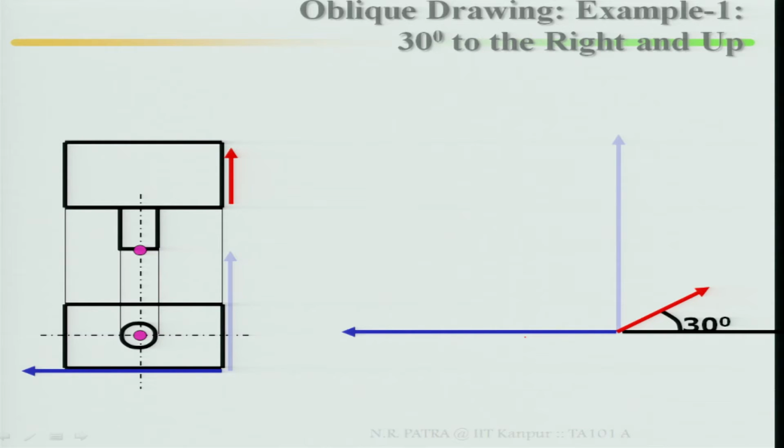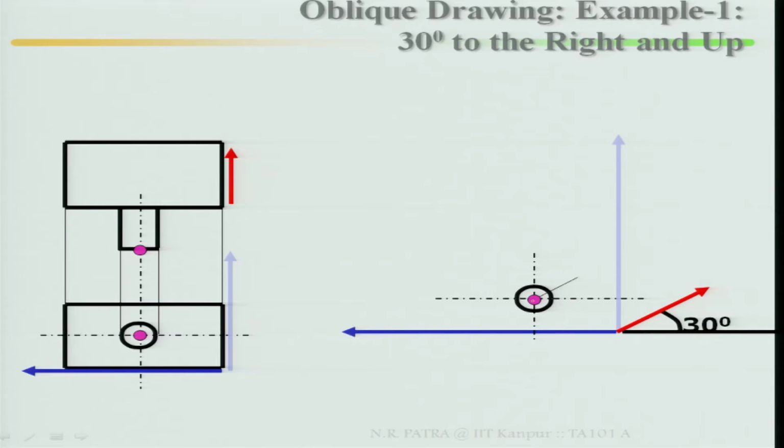Then locate your center line, where the circle is. How do you locate it? How far from here to here, and what is the distance? Once you locate the center of the circle, then draw the circle.